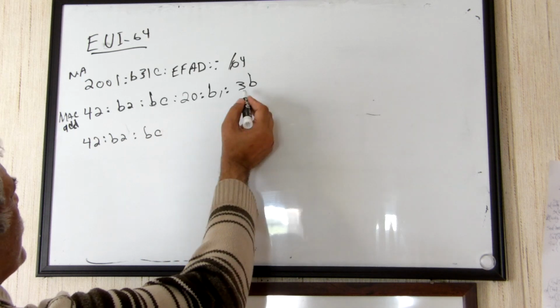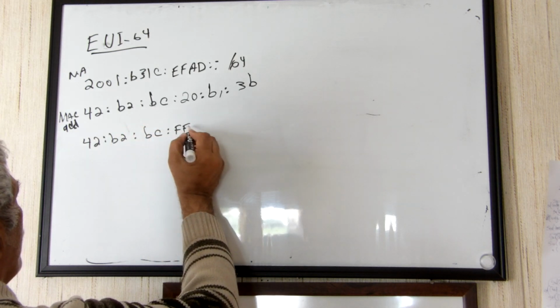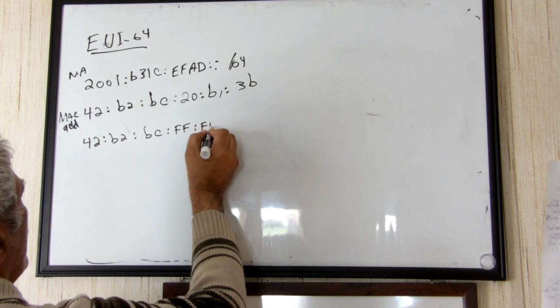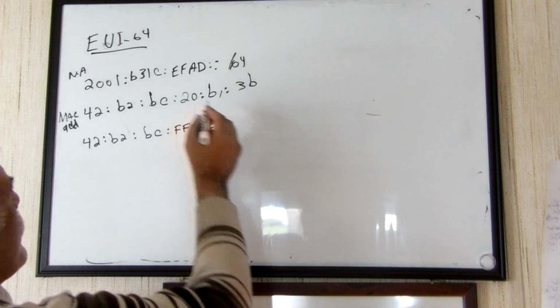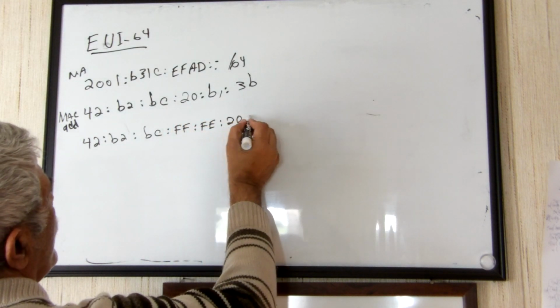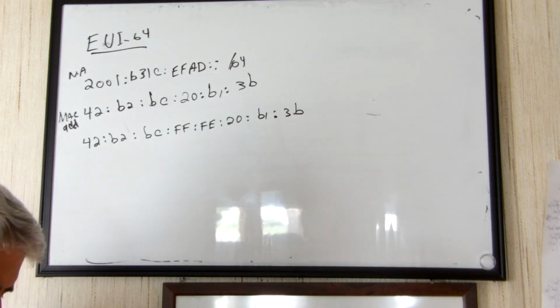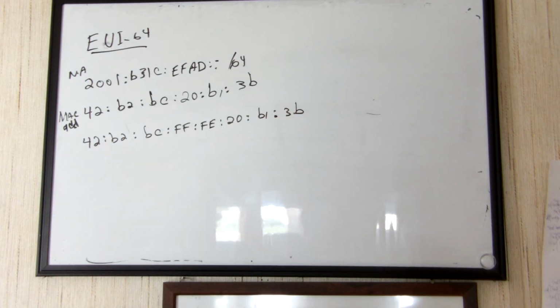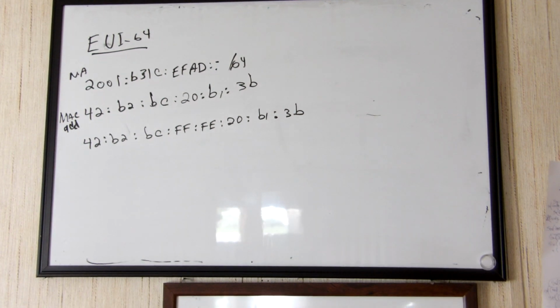There are six digit pairs, three of them here and three of them here. In the middle, you put FF, FE, and then the rest, 20, B1, 3B. That's the way you do it.